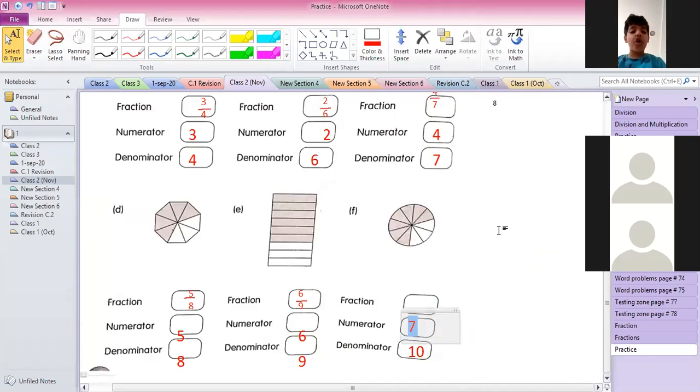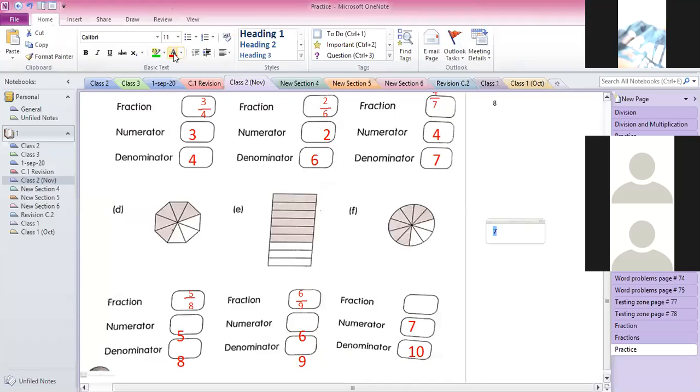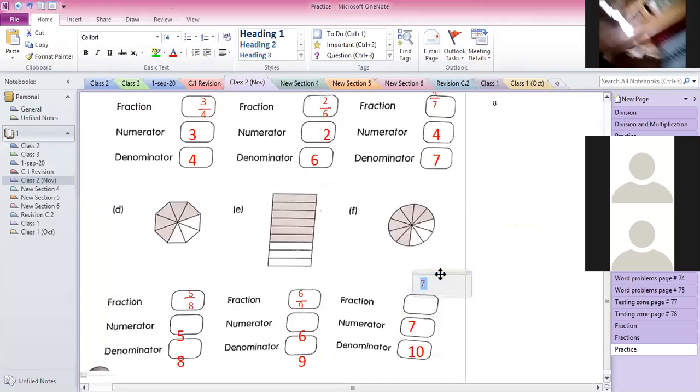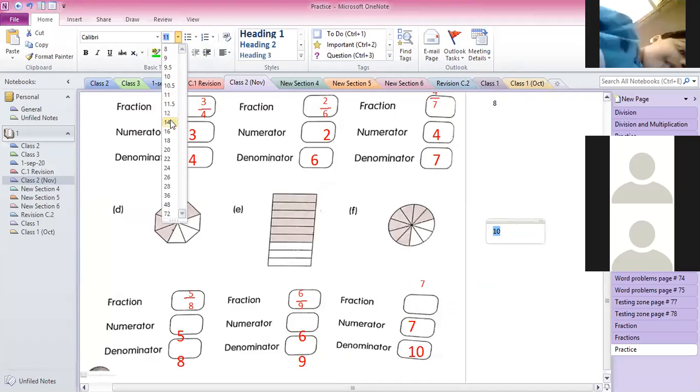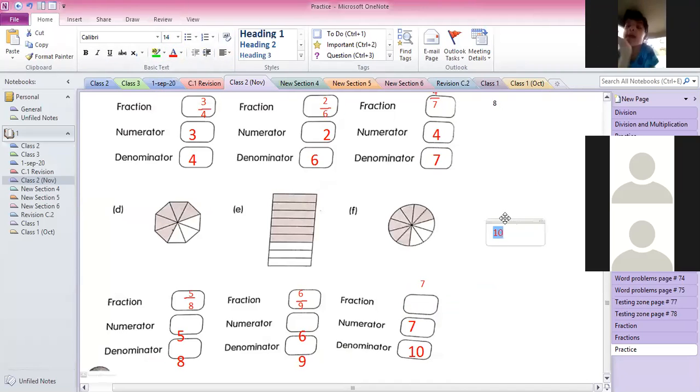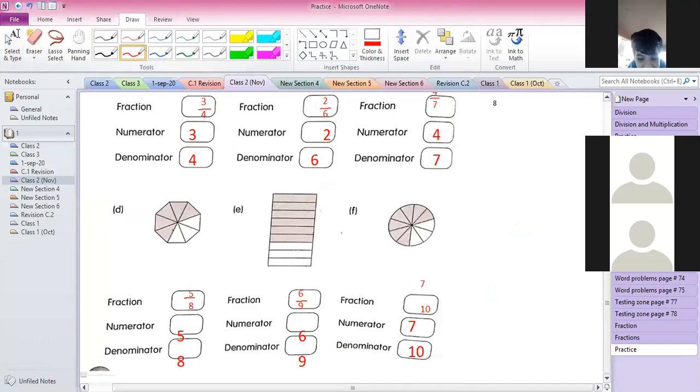So how will I write its fraction? I will write 7 up and 10 down. So this is 7 and this is 10. And I'll draw a fraction line. 7 by 10.